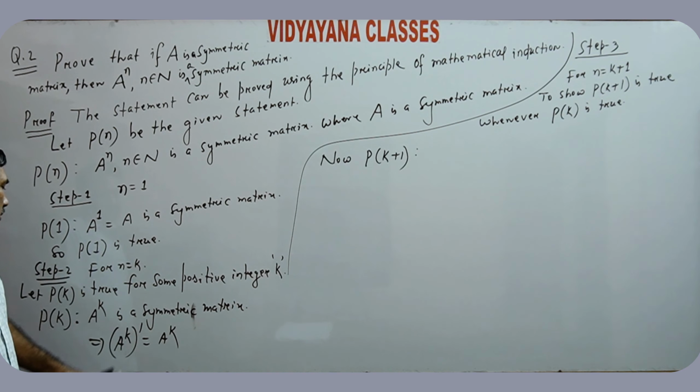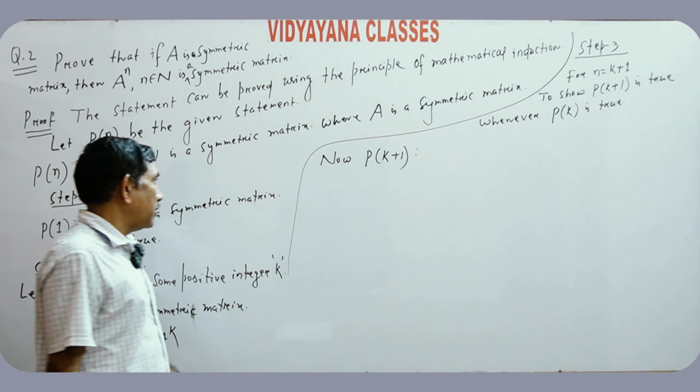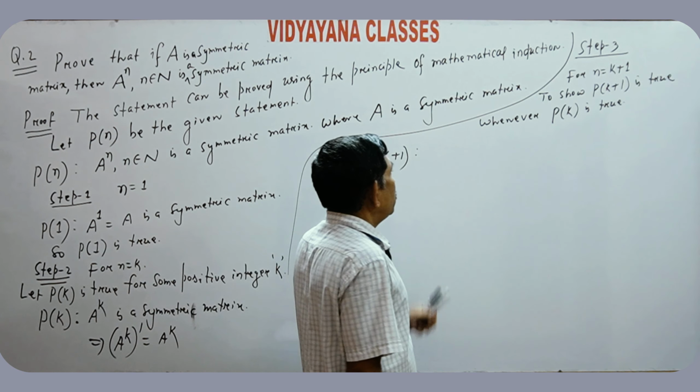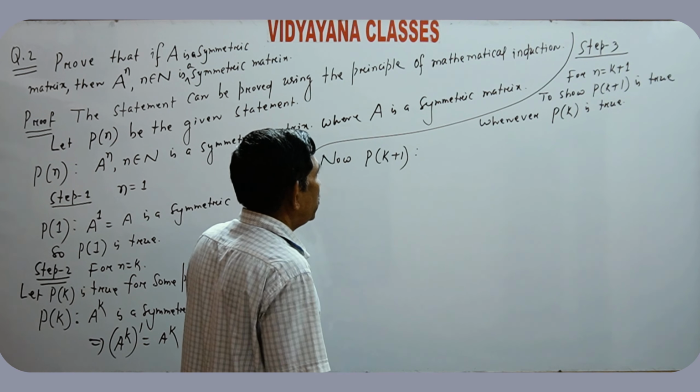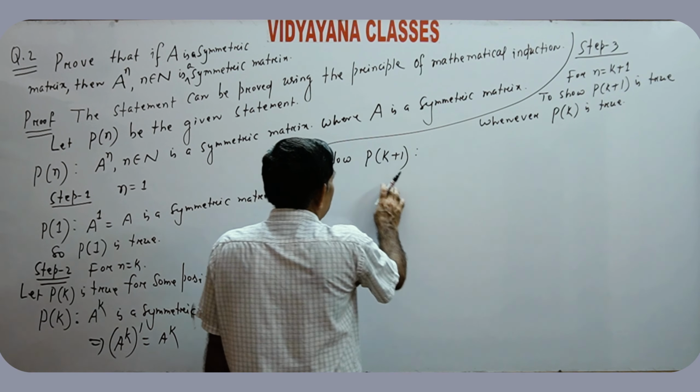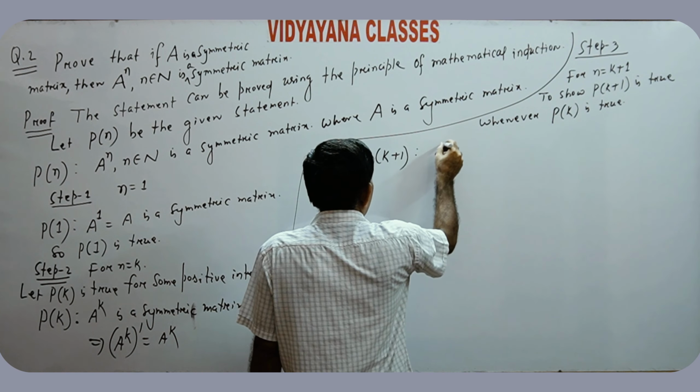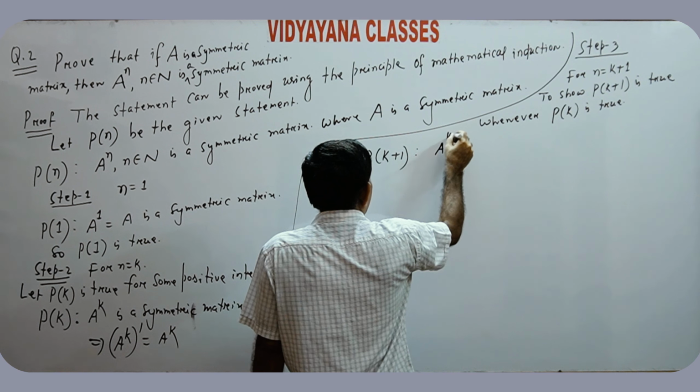Transpose of A to the k is equal to A to the k. Now, we will prove Pk plus 1 is true whenever Pk is true. Now Pk plus 1 is same as A to the power k plus 1.